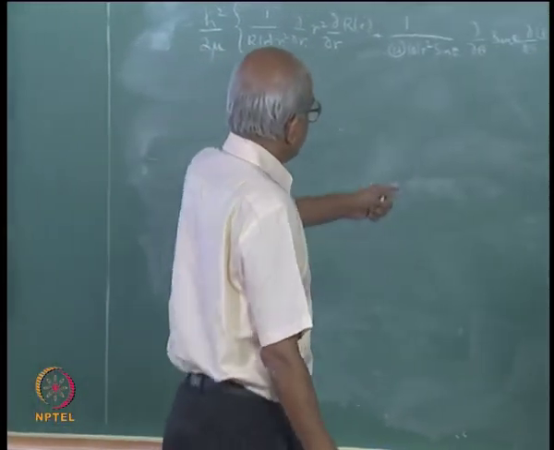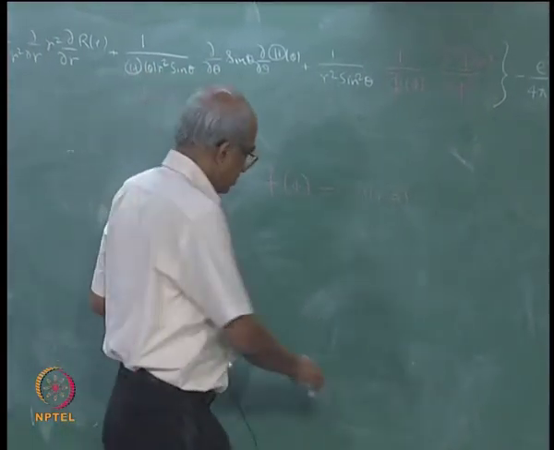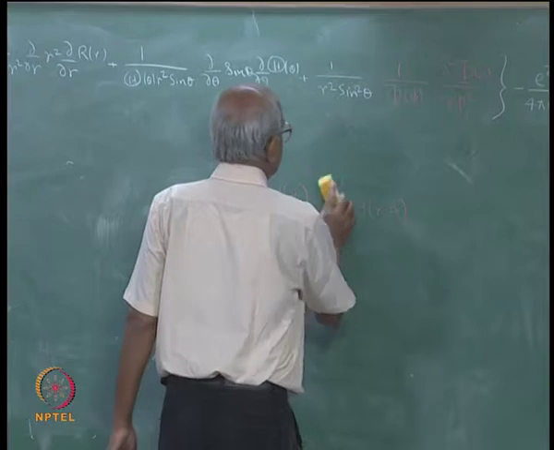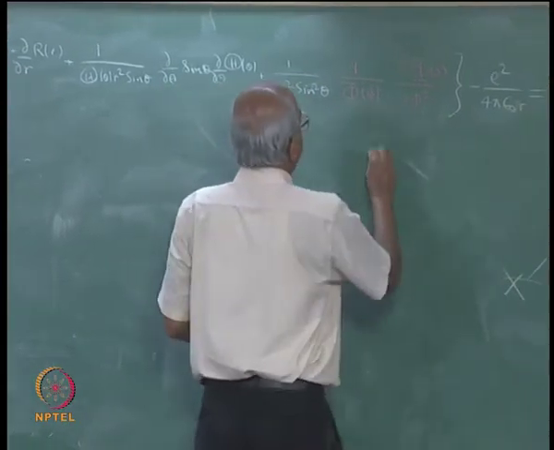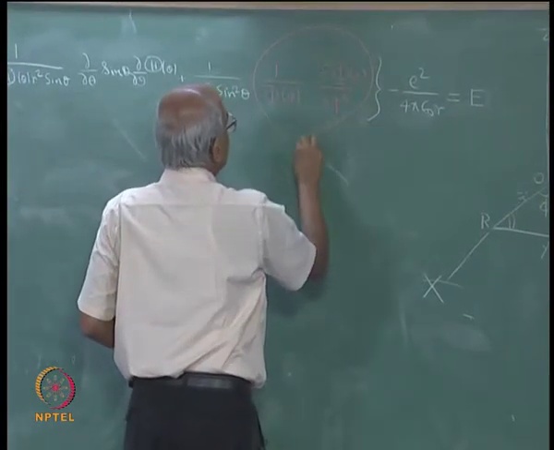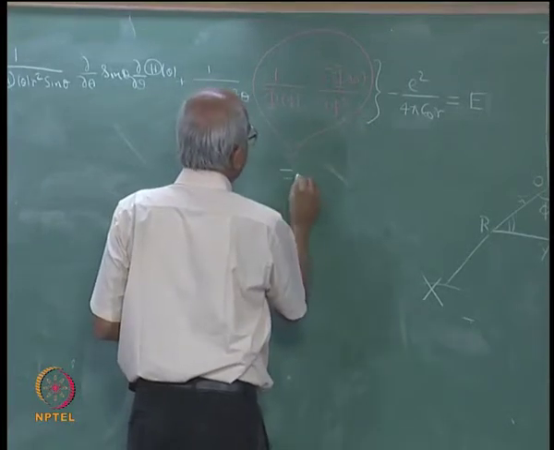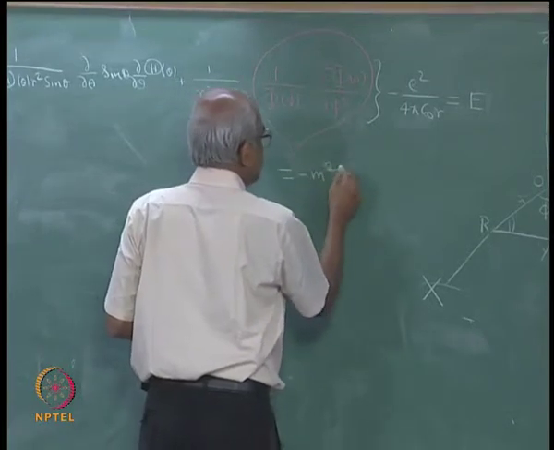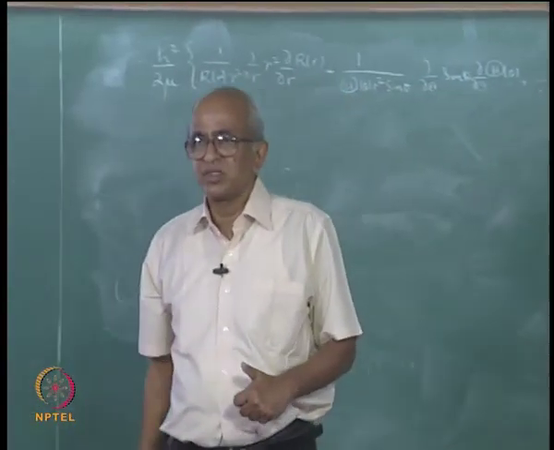So therefore this function of phi definitely must be equal to a constant, and I am going to call that constant, right. So I am led to the conclusion that this must be equal to a constant, which I will denote as minus m square. You can have any notation for it, but the standard notation is to use minus m square.